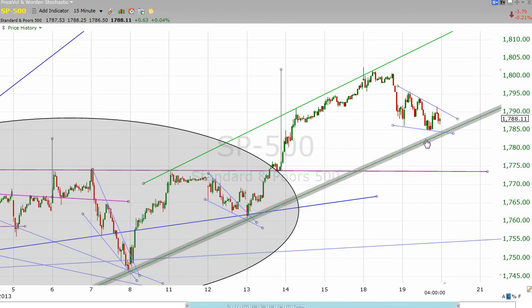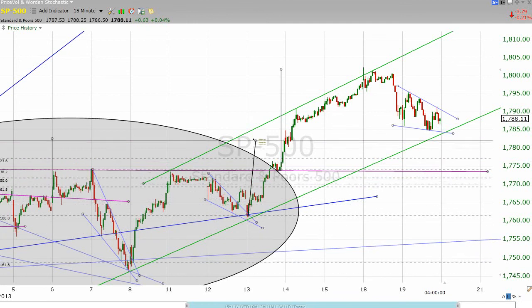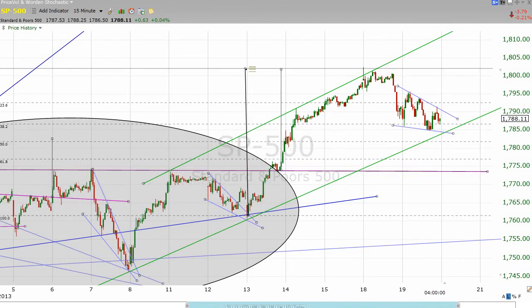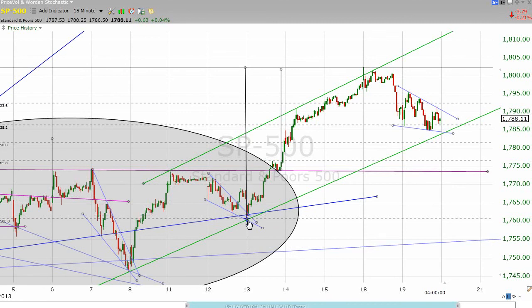That's this line right here. Number 3 is a 40% retracement from the bottom of the right shoulder to the end of the breakout move.